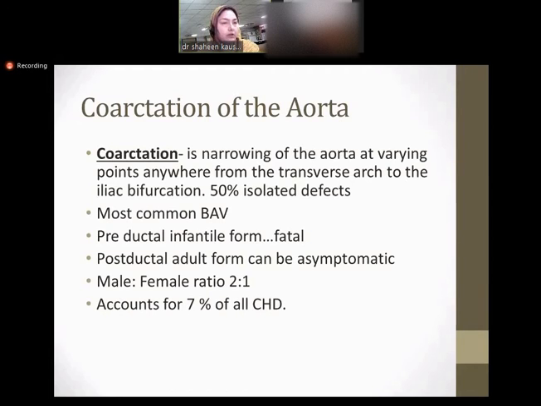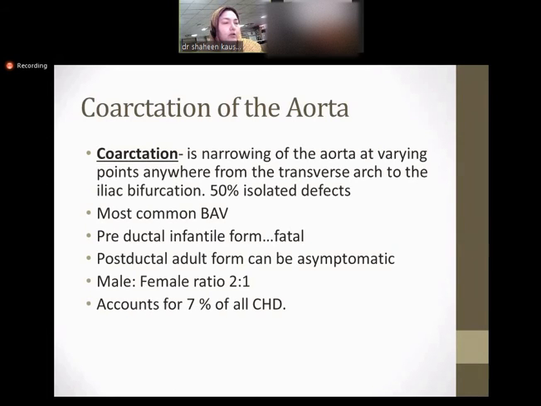Coarctation of aorta is the narrowing of the aorta at various points, anywhere from the transverse arch to the iliac bifurcation. 50% of the cases of coarctation of aorta are isolated, while the other 50% occur in combination with other congenital heart disorders.